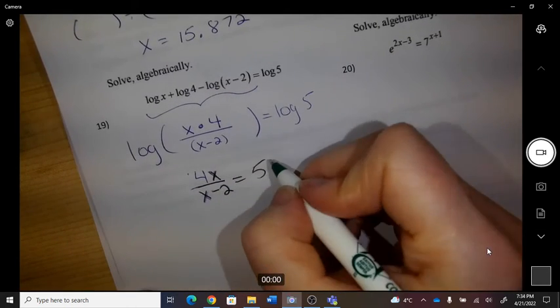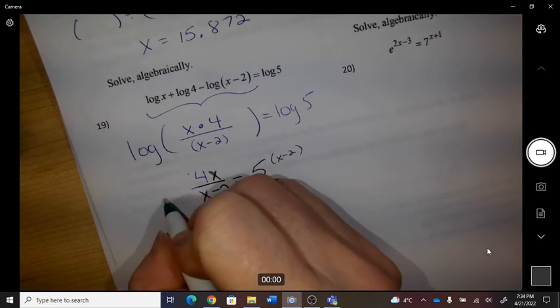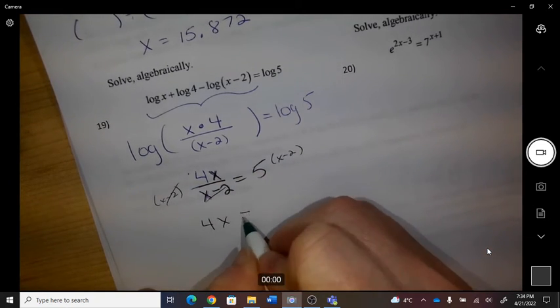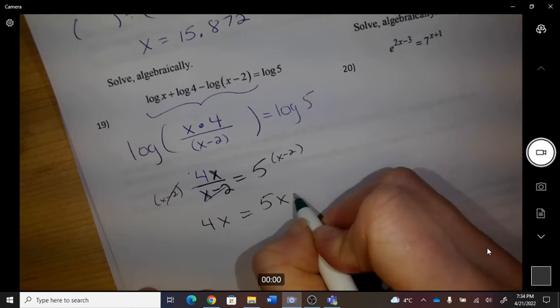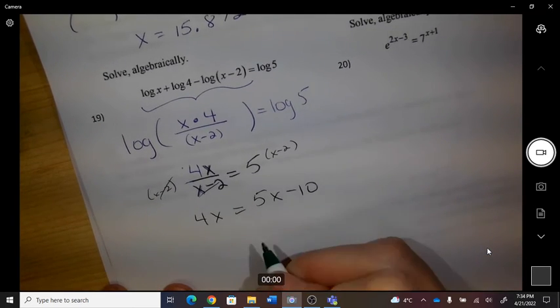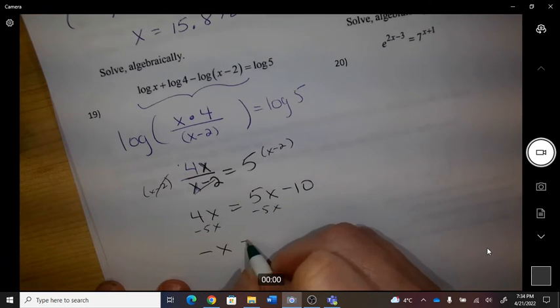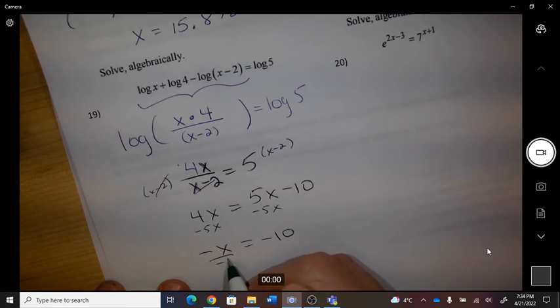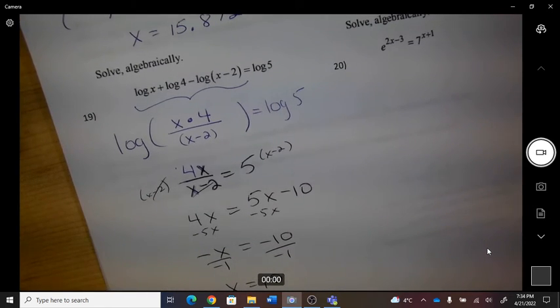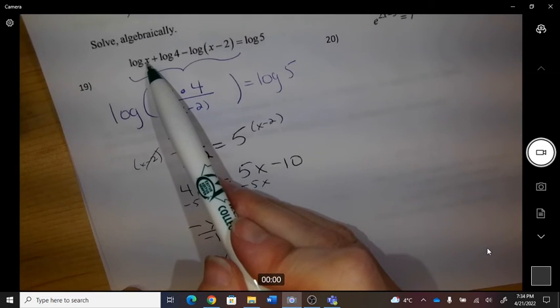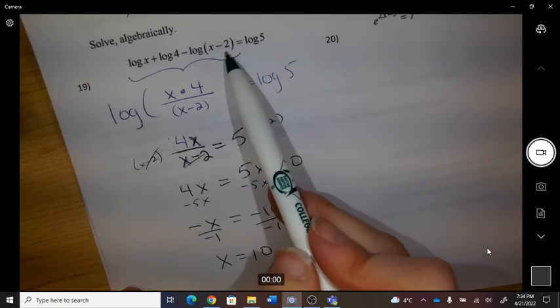And now I'm going to times both sides by x minus 2. So 4x equals 5x minus 10. I'm going to subtract 5x and divide. So x equals 10. Does that work? Plug it in there. Result is positive. Result is positive.